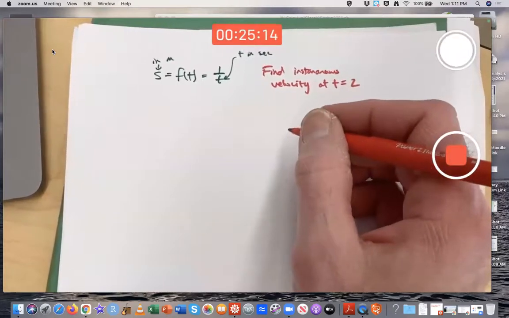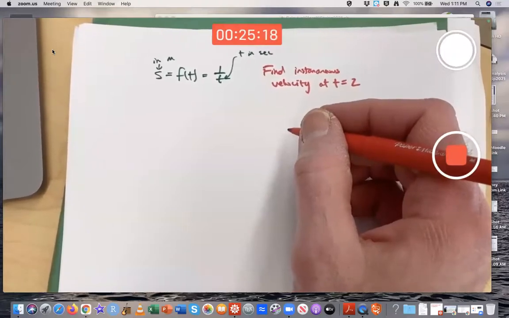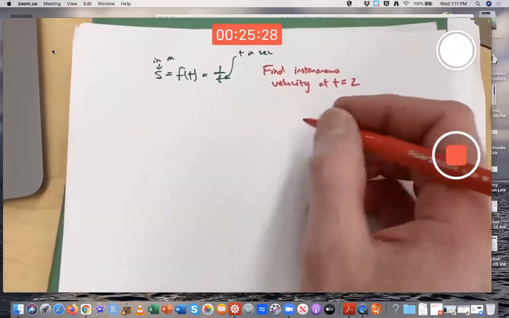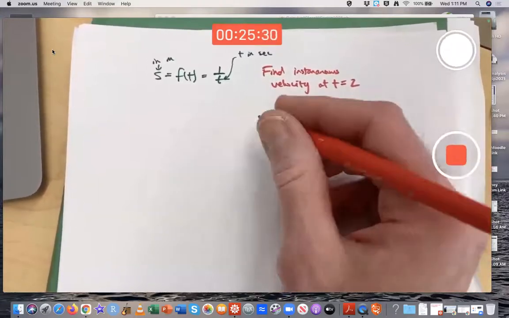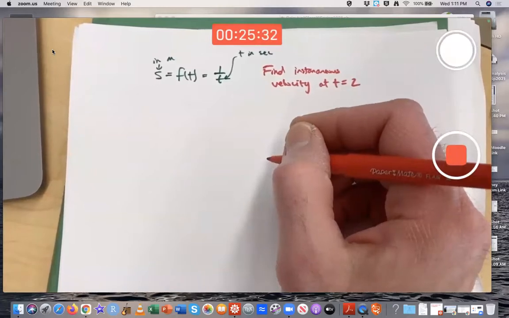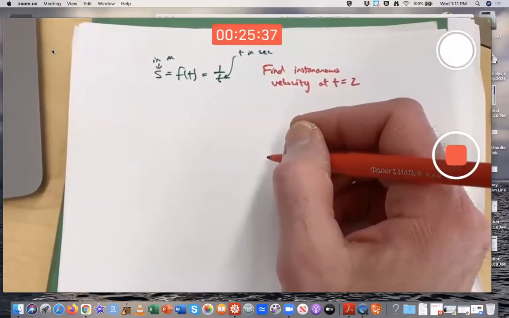If the motion is not one-dimensional, which we will talk about a little bit today, two-dimensional motion, then the speed is said to be the length of the velocity vector. If you're talking about one-dimensional back and forth motion, either left, right, or up and down, then you can think in terms of speed being the absolute value of the velocity.